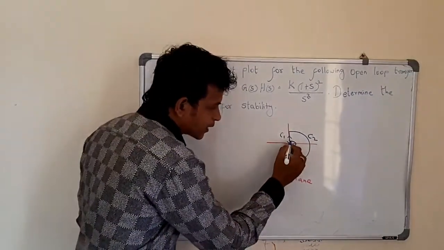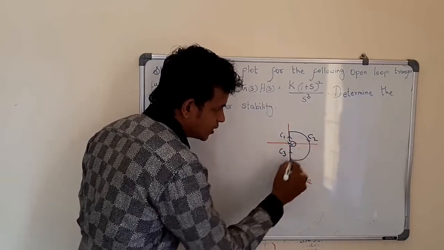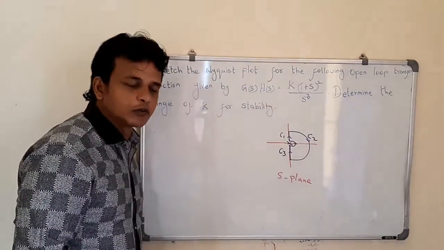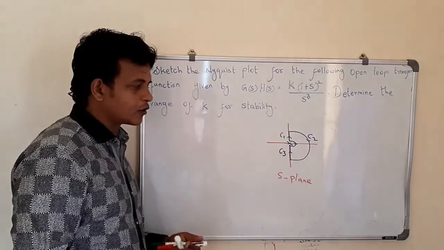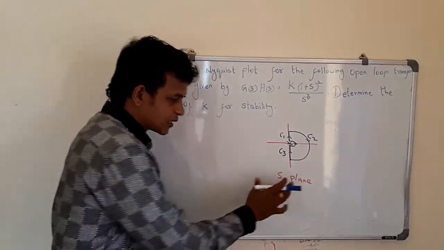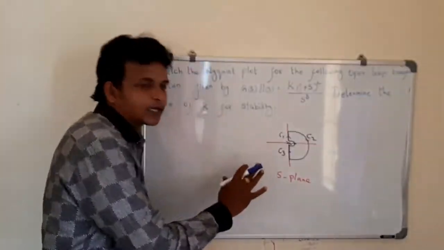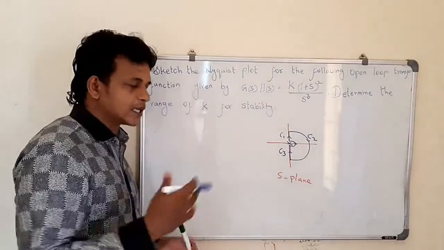Then there is an arc from 0 minus to 0 plus, in this direction, with a radius of 0. This is what we call the Nyquist contour, available in the S plane for the given transfer function, and this Nyquist contour should be transferred into the GSHS plane. That is what we obtain as the Nyquist plot.